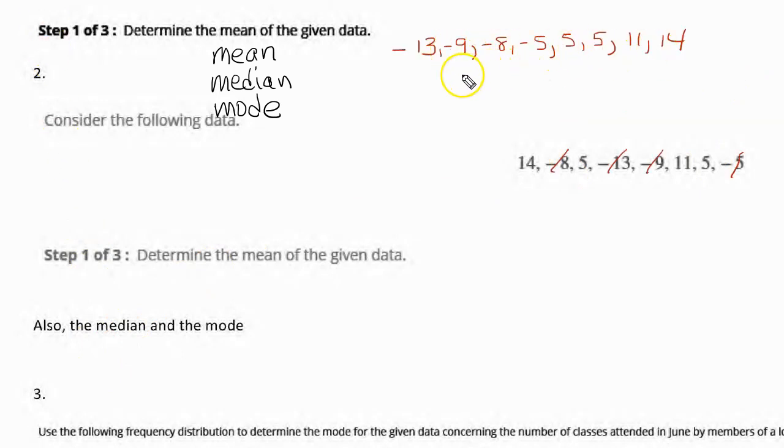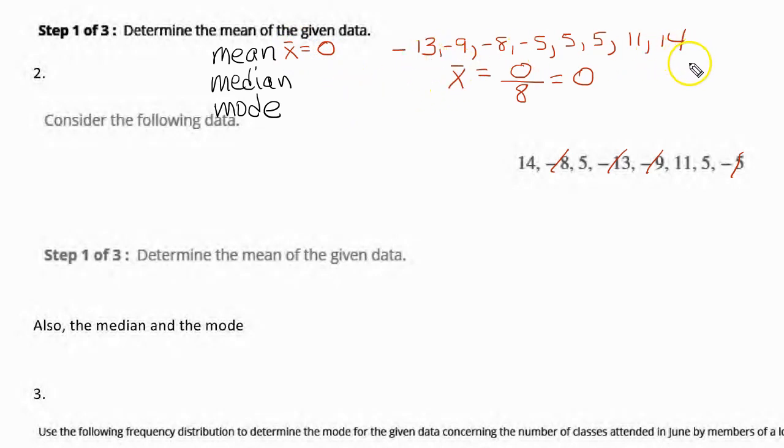Now, when you add these all up, interestingly, this adds up to a 0. And there are 1, 2, 3, 4, 5, 6, 7, 8. Divided by 8, that would be a 0. So our mean, x bar, is 0.